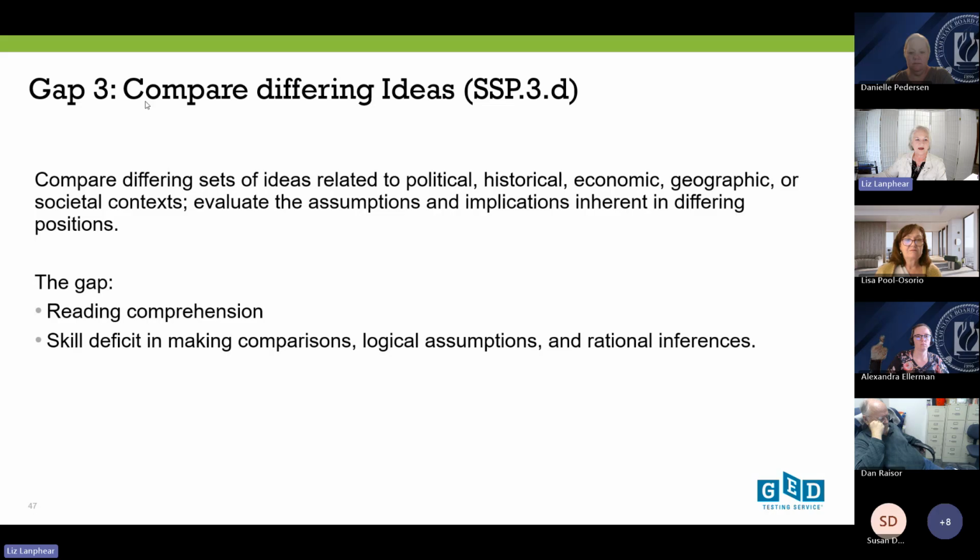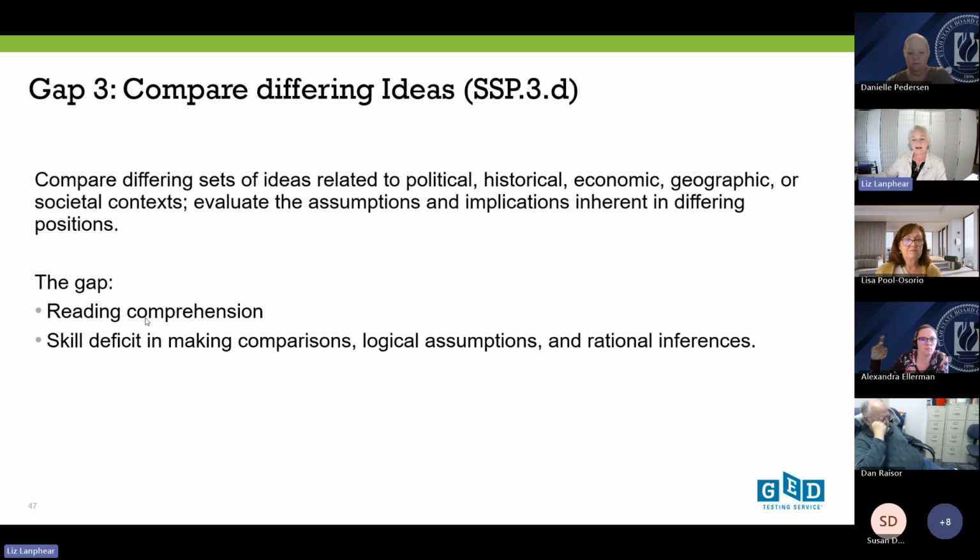Gap 3 is comparing different ideas. Comparing different sets of ideas related to political, historical, economic, geographic, or societal contexts. Evaluate the assumptions and implications inherent in differing positions.